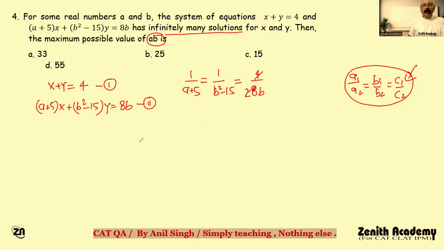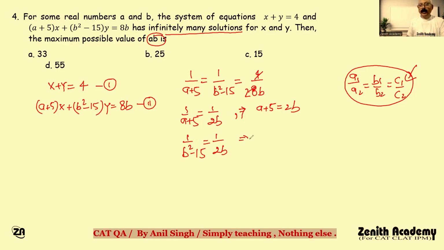Let us take 1 upon a plus 5 is equal to 1 upon 2, so it means a plus 5 is equal to 2. And if I take 1 upon b square minus 15 is equal to 1 upon 2, then b square minus 15 is equal to 2.